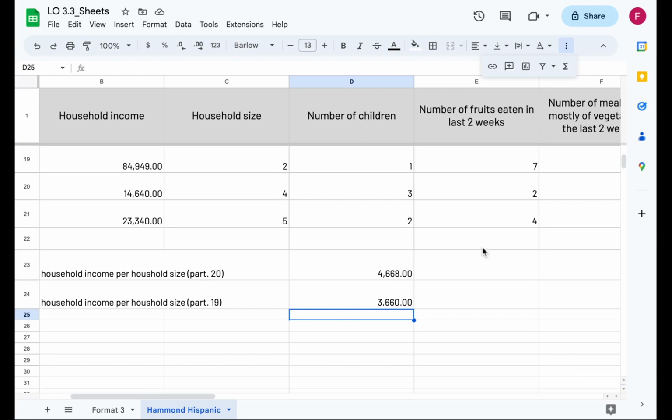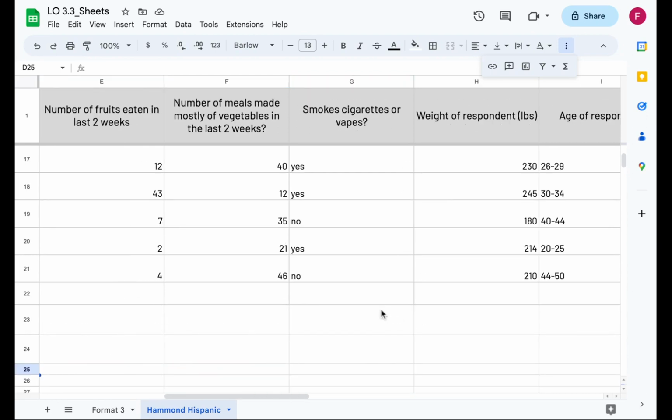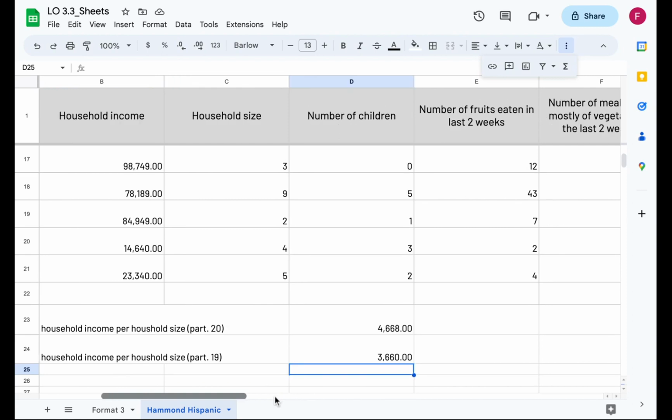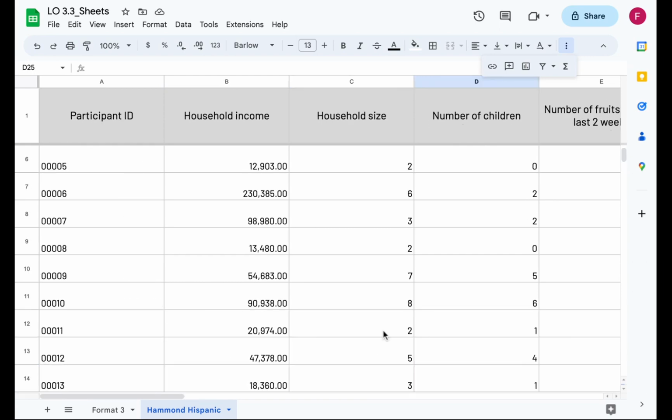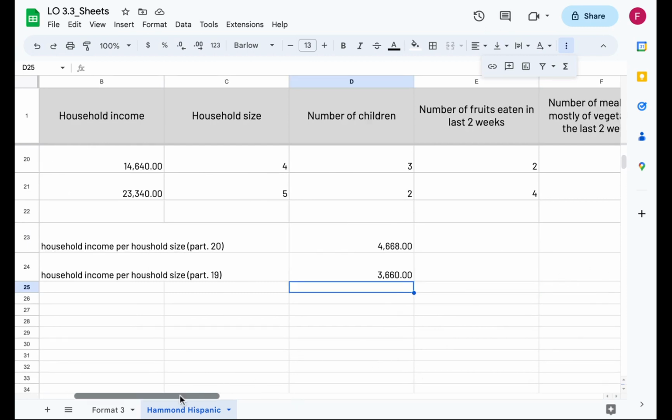Now let's do multiplication. So now let us say I'm trying to look for a number that I could multiply with. Now let's say that everybody in the household is earning money, but they did not report everything in the household.